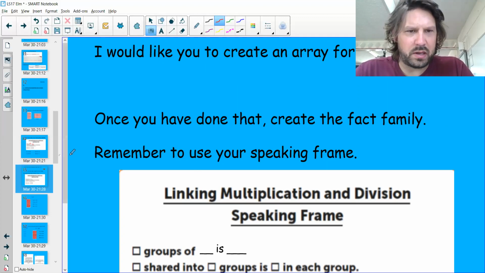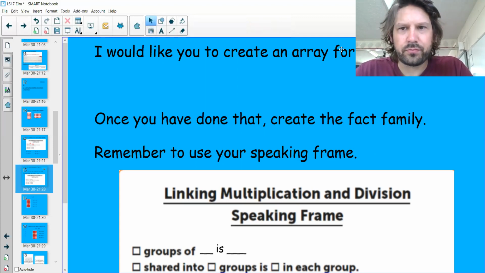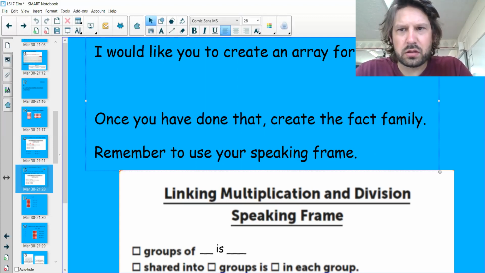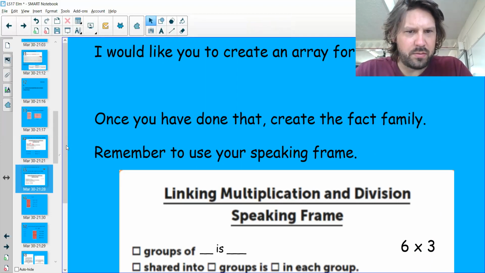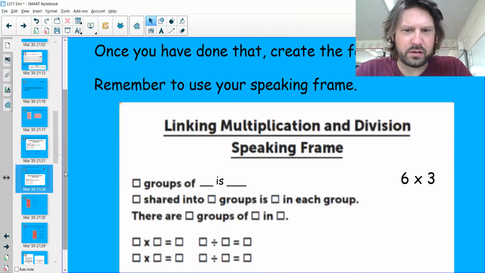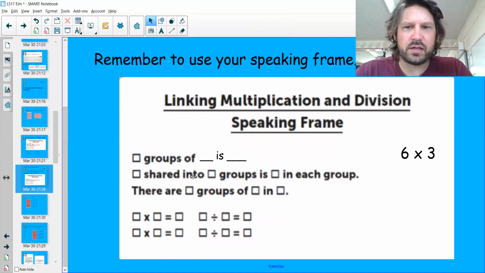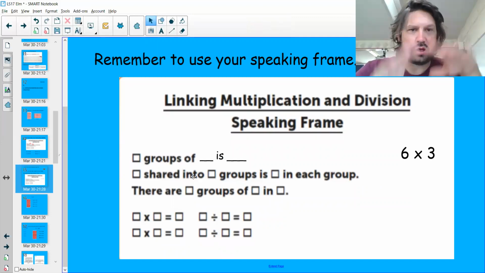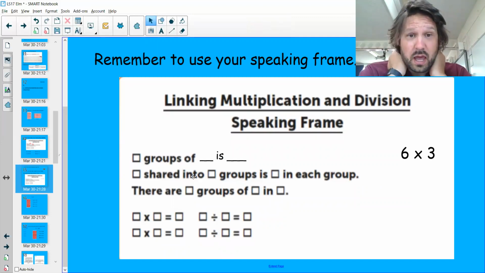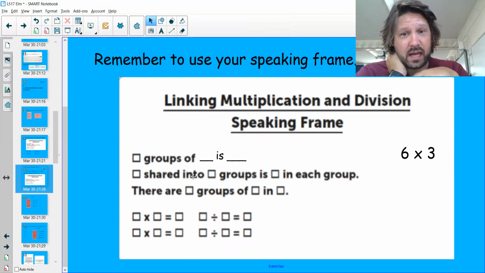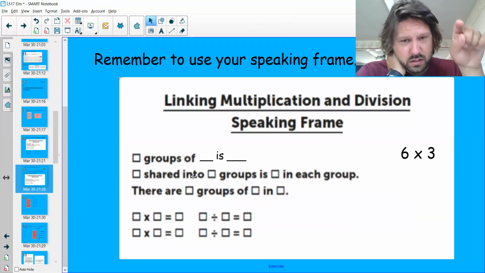Remember to use your speaking frame. I'm going to leave this up on screen while you pause, and you can write this in your book.